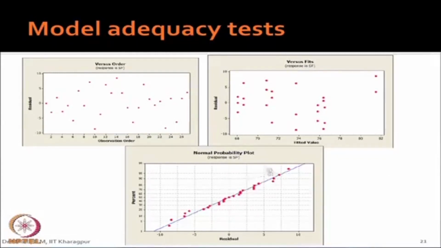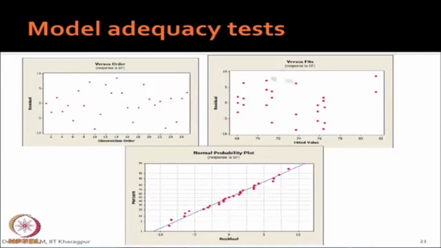Second one is you are checking the independence of the observations. If you see residual versus observation order, there is no relationship, it is haphazard, random. Third one is you want to check the variability across different groups, this level.